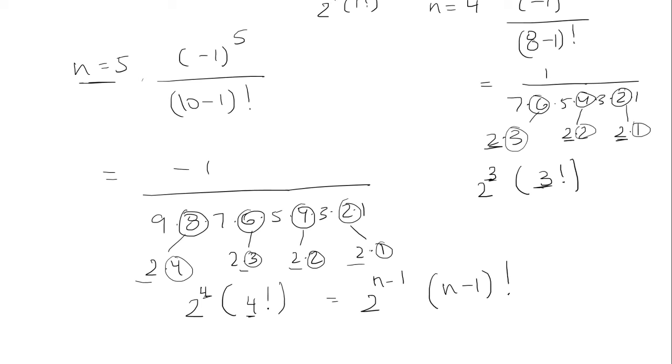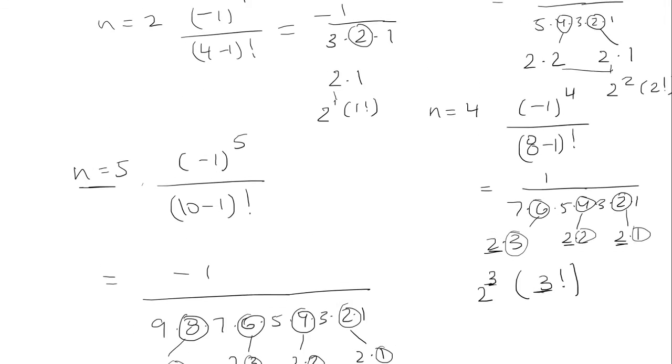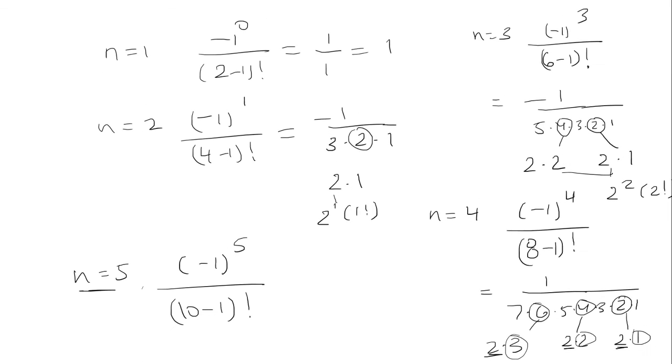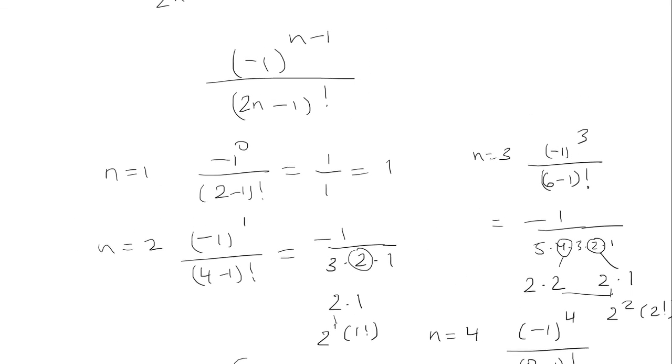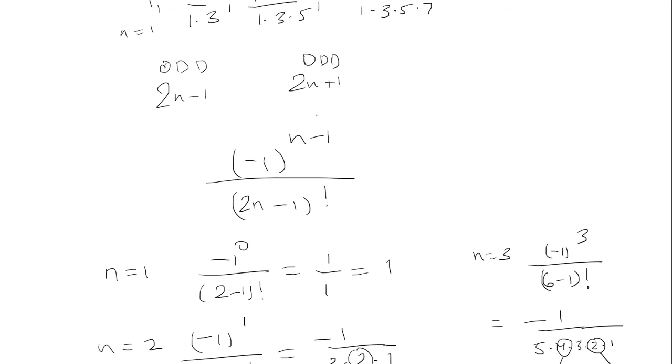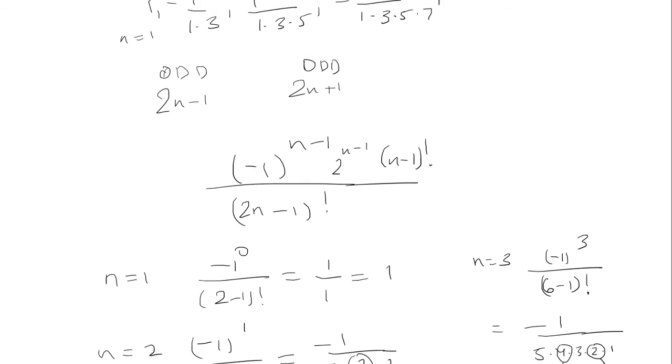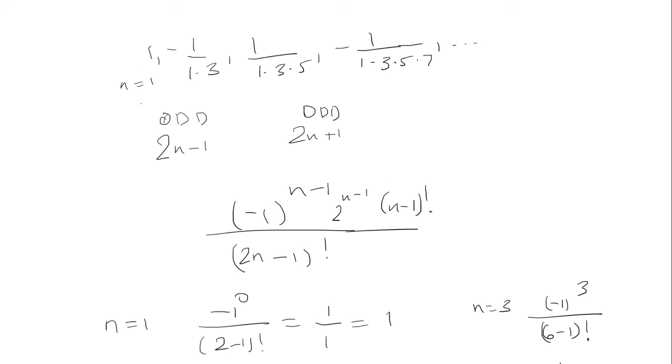How do I eliminate it from the denominator? Well, I have to put it in the numerator. So if I put that in the numerator, I'm good to go. And we can try this out for n equals 4, to see if this is working.